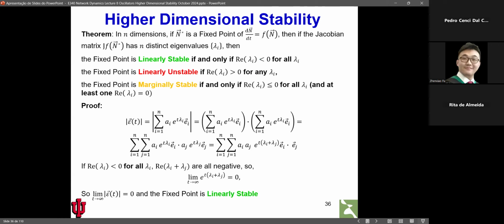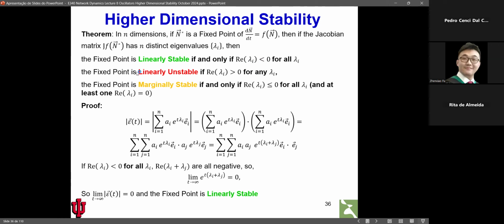Now we can make a summary of the results. In n dimensions, if n star is a fixed point of this dynamical system, and the Jacobian matrix J_F has n distinct eigenvalues lambda i, then the fixed point is linearly stable if and only if the real part of all the eigenvalues is less than 0 for all lambda i.